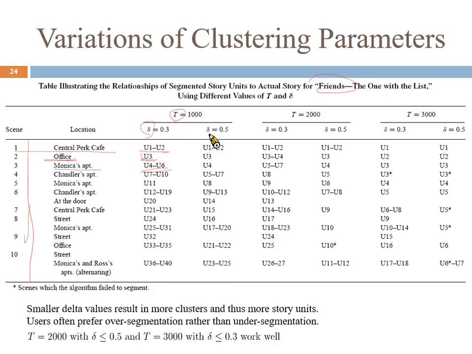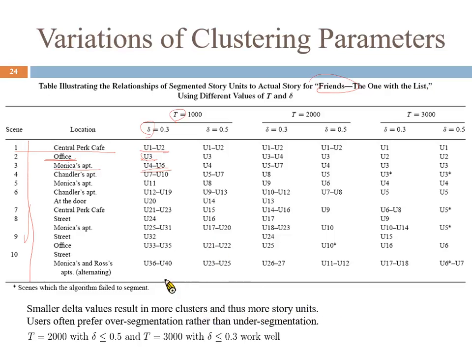So comparing the performance obtained based on different parameter combinations, we observe that a smaller delta value results in more clusters and thus more story units.